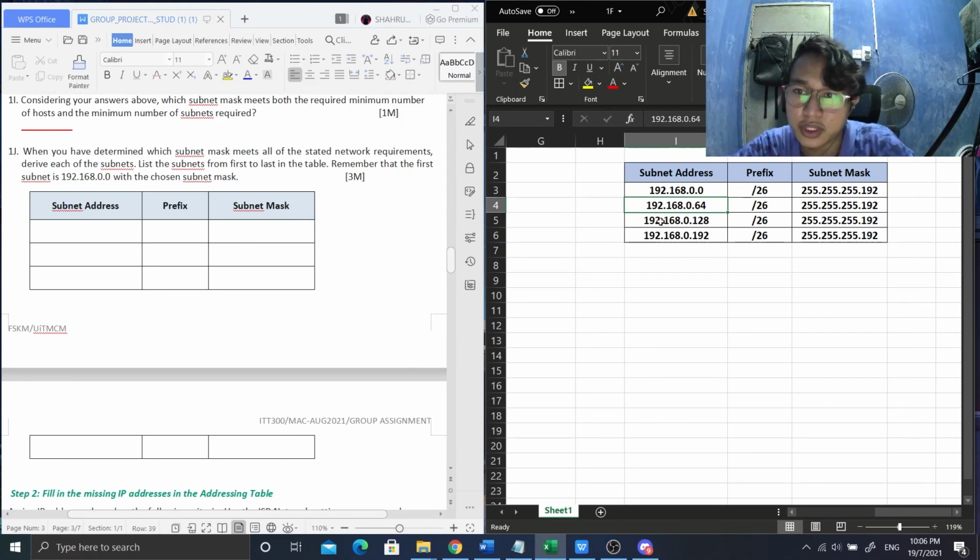So the answer for the next subnet is 192.168.0.128, and the last subnet address that we can get is 192.168.0.192. So this concludes that we have 64 addresses and 62 usable IP addresses.